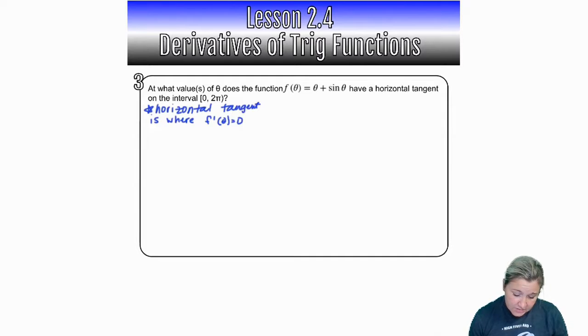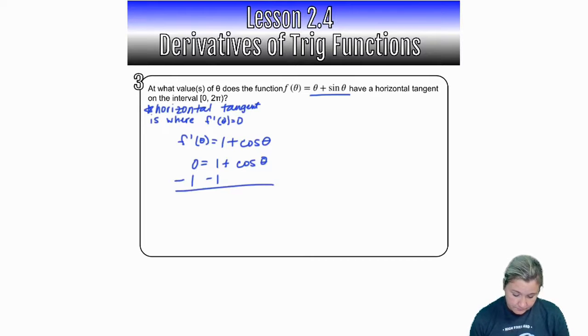So I want to find f prime of theta. The derivative of theta is 1, plus the derivative of sine theta, which is cosine theta. Then I set this equal to 0, so 0 equals 1 plus cosine theta, and then I solve for theta.